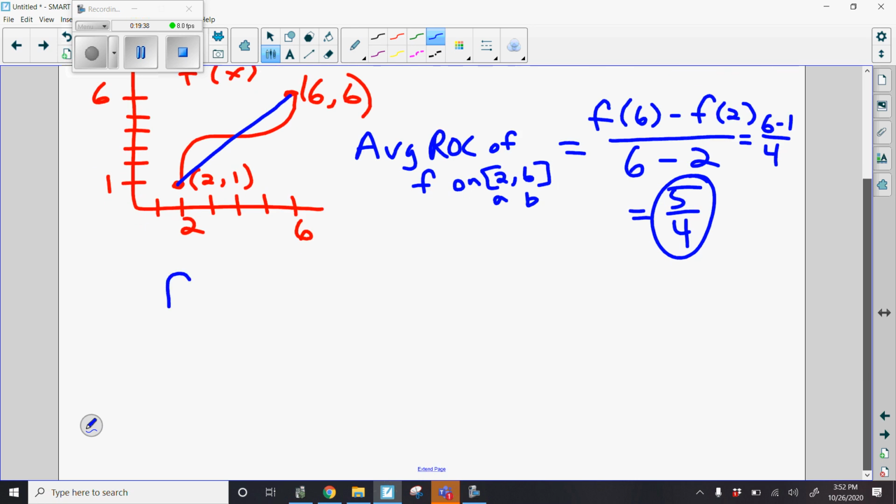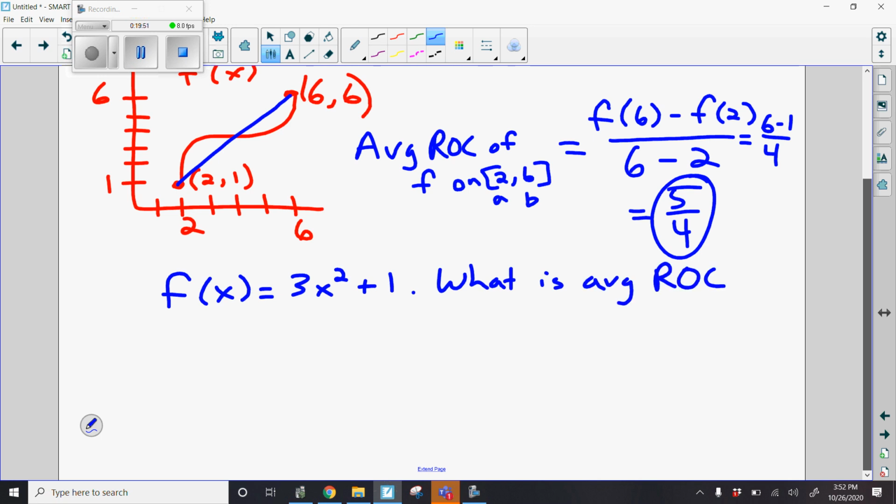say we have a function f of x equals 3x squared plus 1. What is the average rate of change of f on, let's say, the interval? Let's make it something that's easy to calculate. 0, 4.